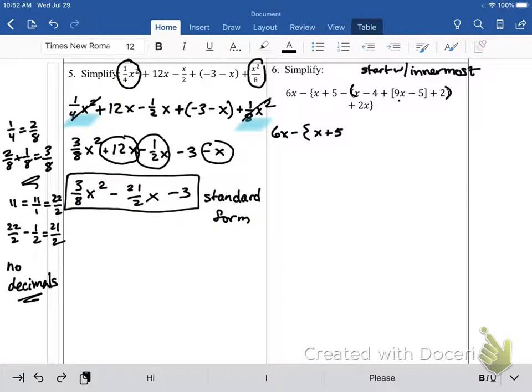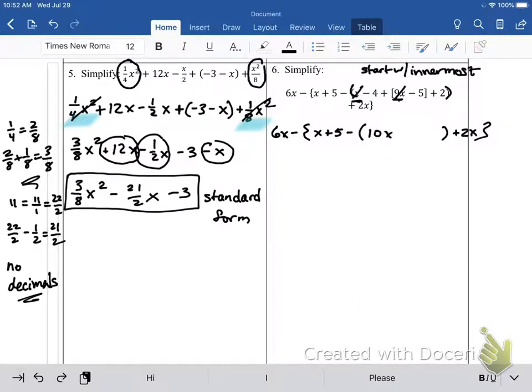So, I'm rewriting everything, not changing anything except what's in parentheses. So, now there's a plus sign outside of this one. Doesn't matter. So I'm just going to pretend they're not there, and I'm going to find like terms within those round parentheses. So that's x and 9x is 10x.